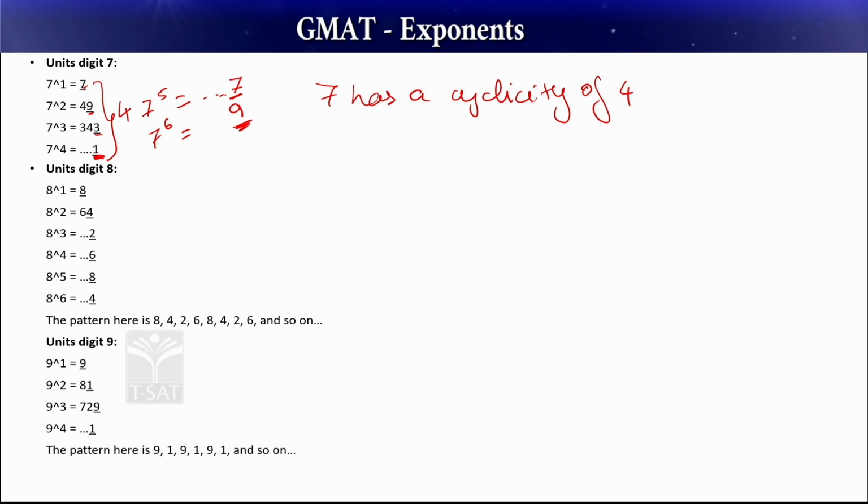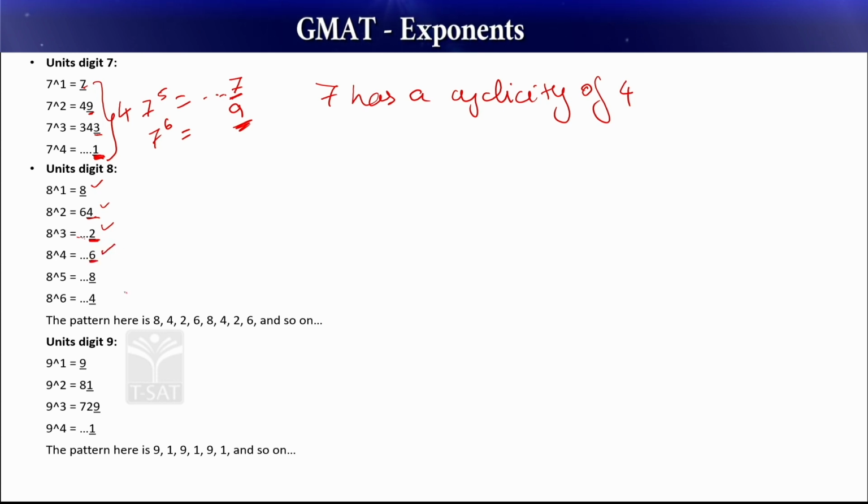Units digit when it's 8, let's look at what happens. 8 to the power of 1 is 8, 8 square is 64, 8 cube, you don't need to calculate the whole 8 cube, just 8 into 4 will give you 32 with 2 at the units digit. And 8 to the power of 4, again you will get 8 into 2, that is 6 in the units place.